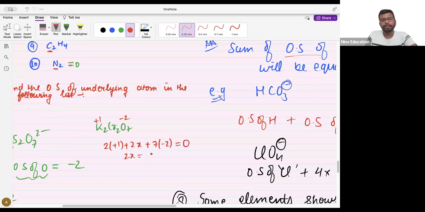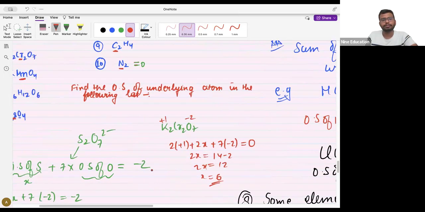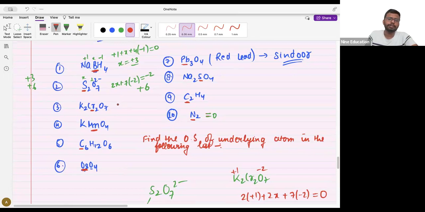Then from here it will come 14 minus 2 to be 12. 2x is equal to 12, so x is 6. K2Cr2O7 is also 6. KMnO4: always remember, it is +1, 4 times -2 is -8, so -8, one has gone, -7, that will go to that side, +7.